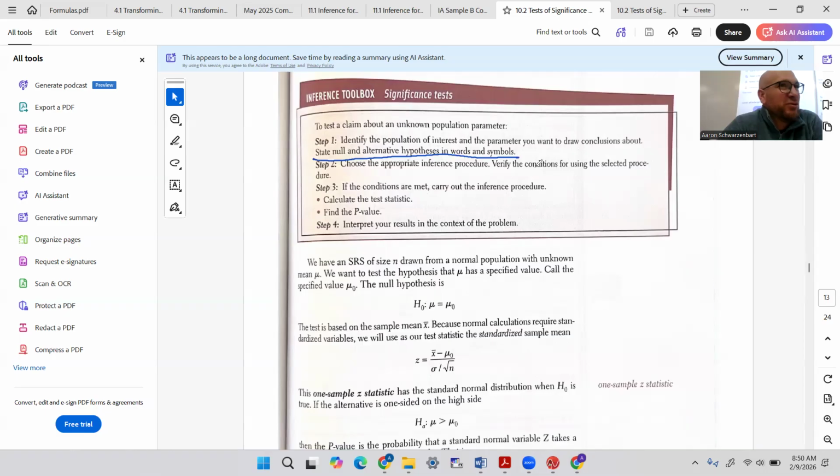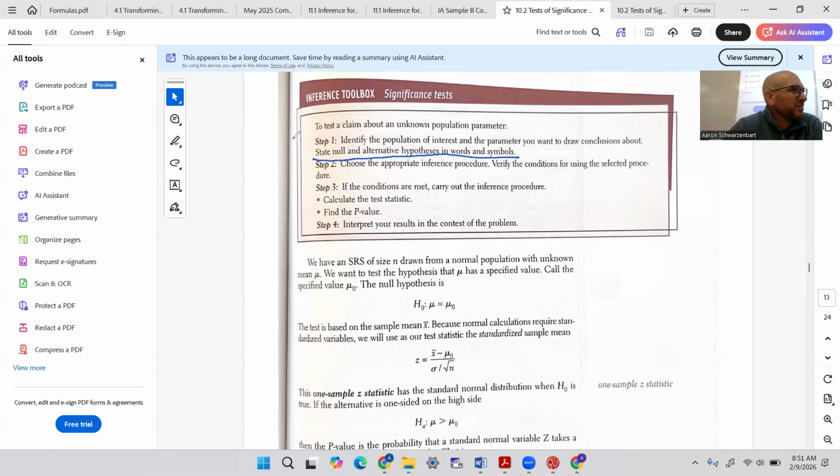So far, you have two procedures: Z interval, Z test. We will expand upon those procedures, but I would say choose the appropriate procedure. It happens before you would write an alternative hypothesis, but verify those conditions for the procedure you chose.